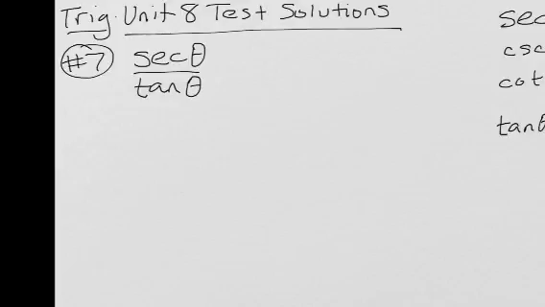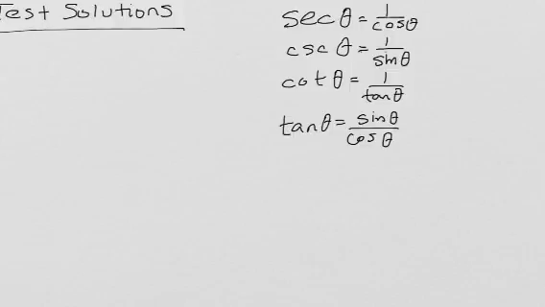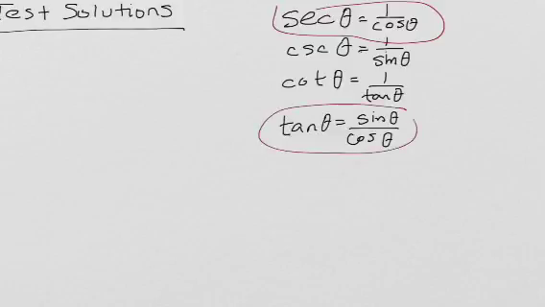Alright, so trig, question number 7: secant of theta over the tangent of theta. I'm going to take a look at my notes here. I see that the secant is 1 over the cosine, the reciprocal, and the tangent is equal to sine over cosine.